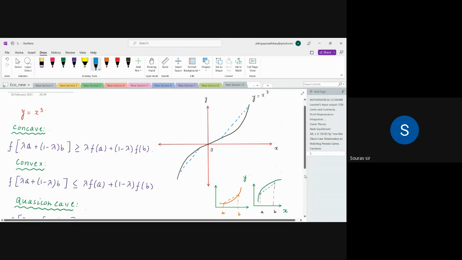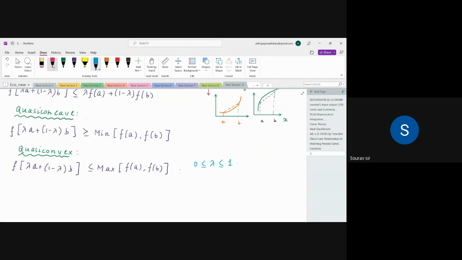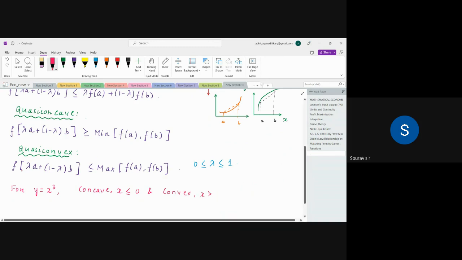So for y equals x cube, it is concave for x negative and it is convex for x positive. Therefore, overall, it is neither concave nor convex. Okay?